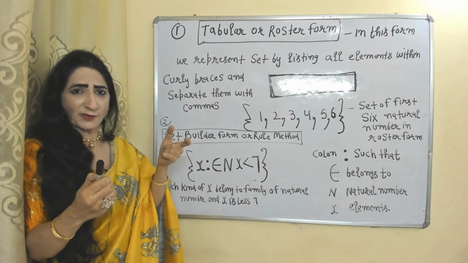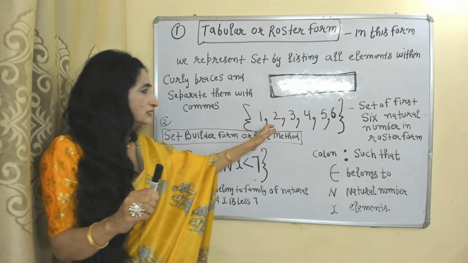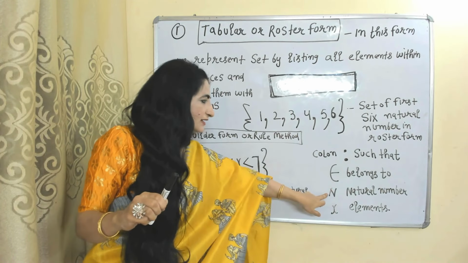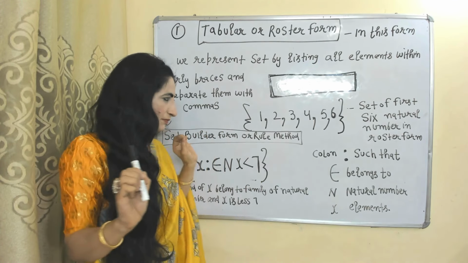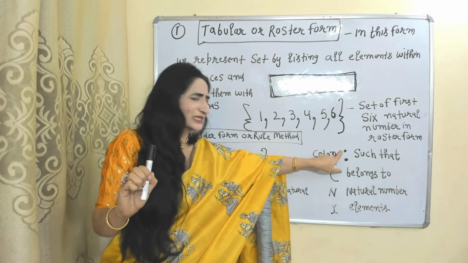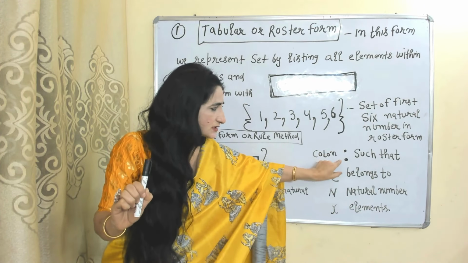Now we will convert roster form into set builder form. We will represent all these elements 1, 2, 3, 4, 5 with x, and N represents natural numbers because all these numbers are natural numbers. For belongs to we use this symbol, and for such that we use this symbol.